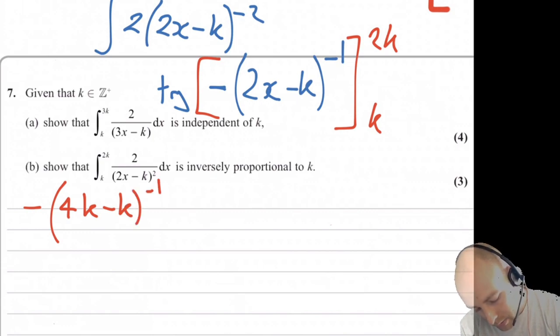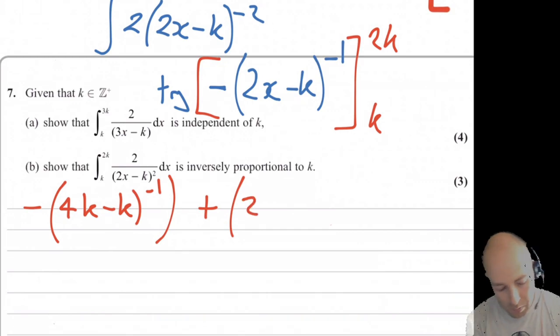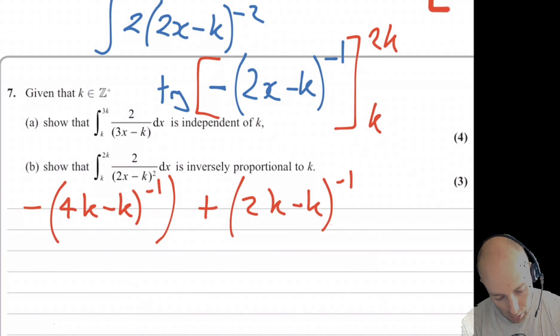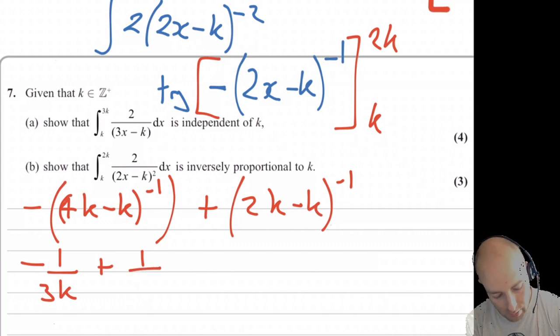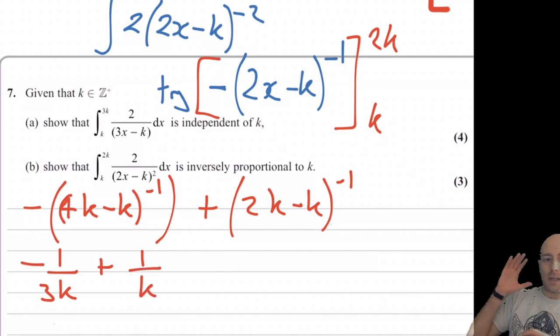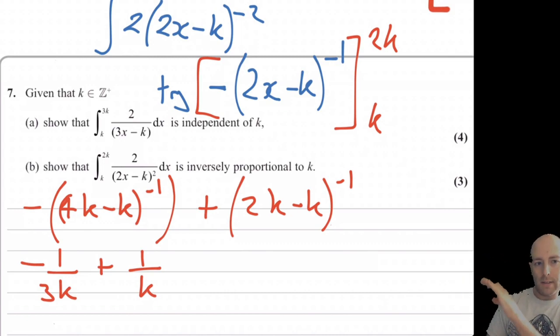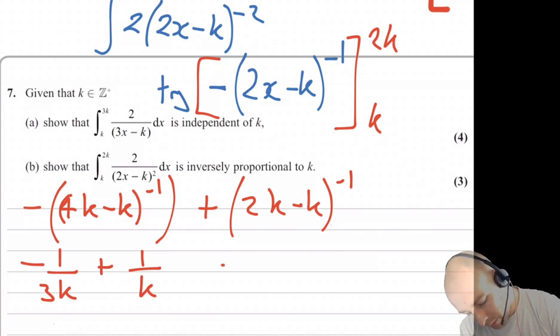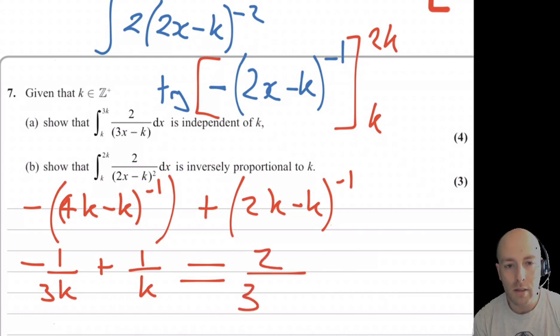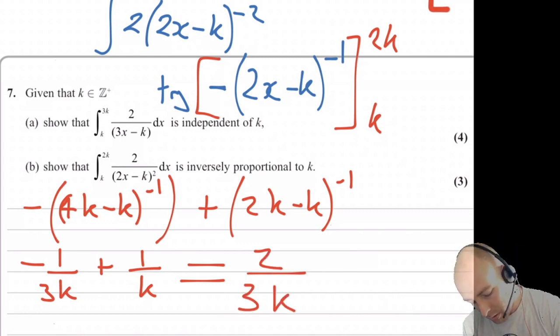Take minus and minus is plus, so 2k take k to the minus 1, which will give me minus 1 over 3k plus 1 over k, which in other words is, I like to think of this as 1 over k take 1 over 3k, take a third of 1 over k, which will leave me with 2 over 3k. K is on the bottom, so therefore inversely proportional.